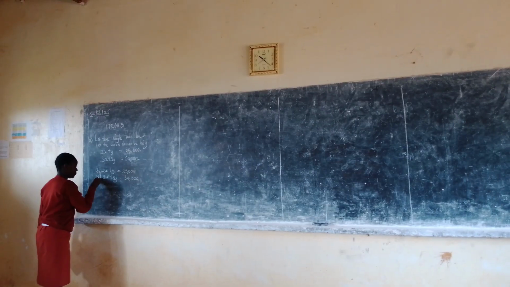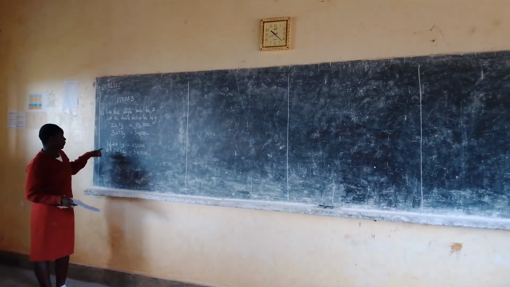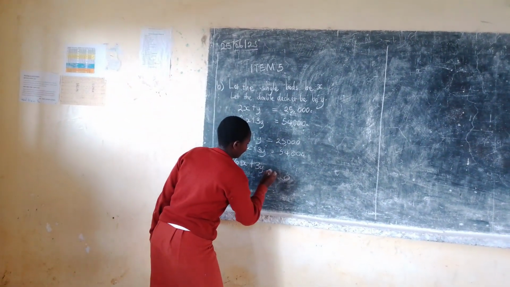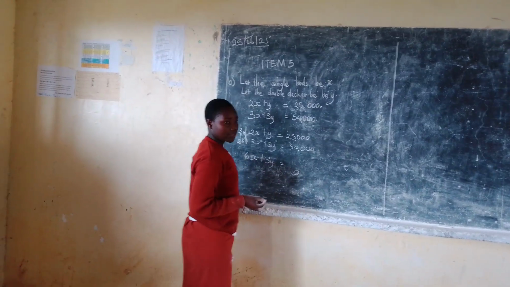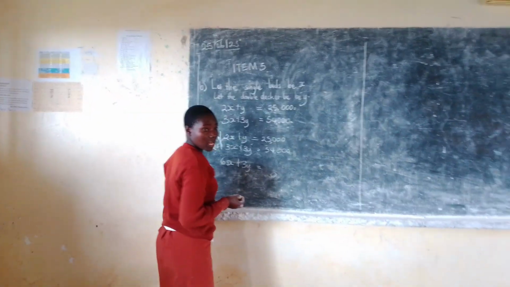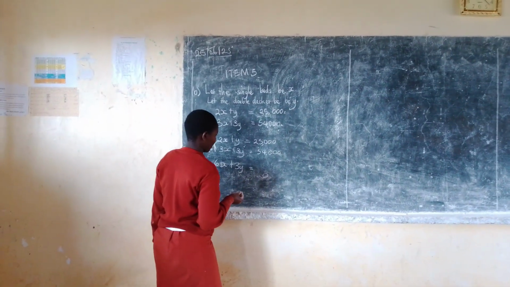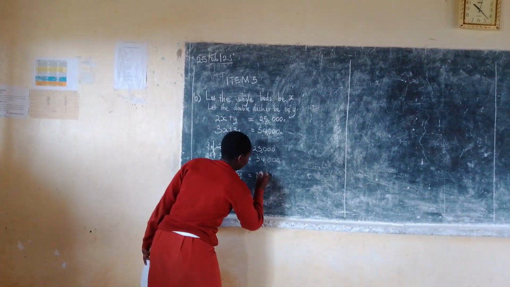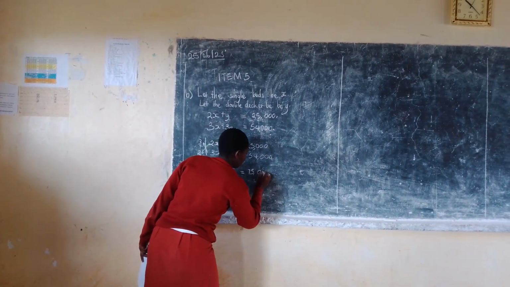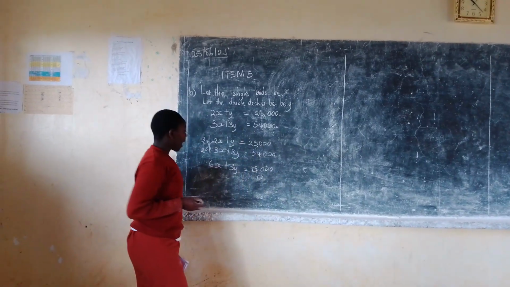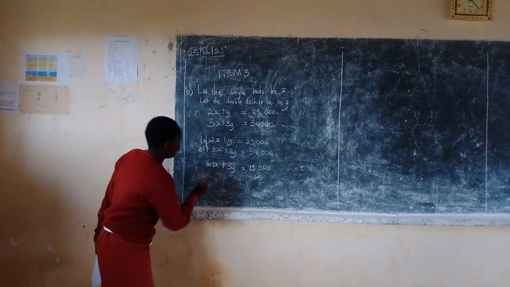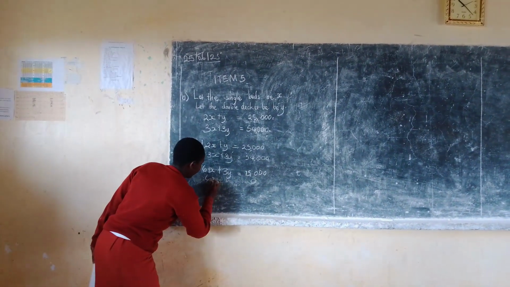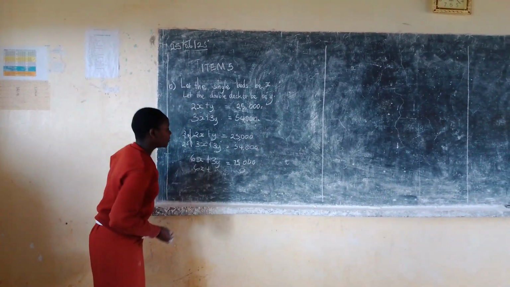So what is 3 times 25,000? 75,000. And 2 times 3x? 6x. 2 times 3y? 6y.